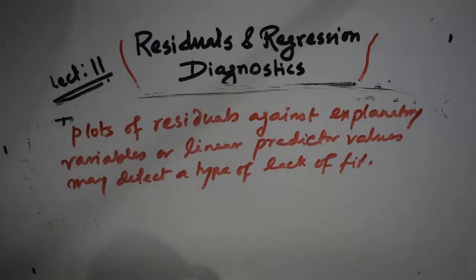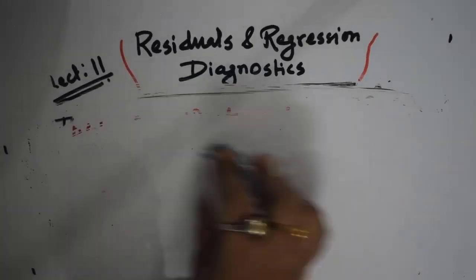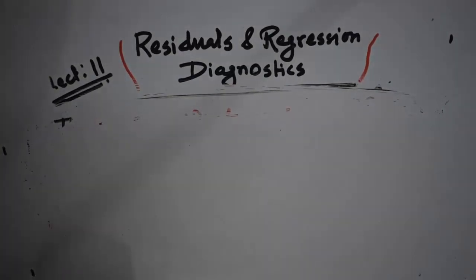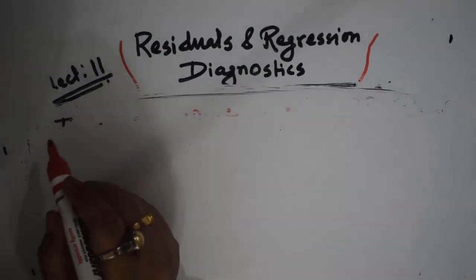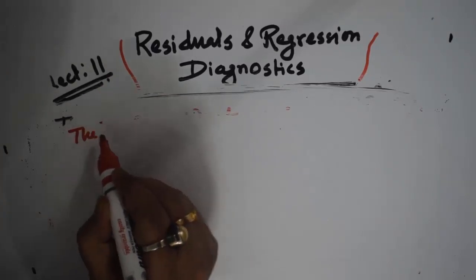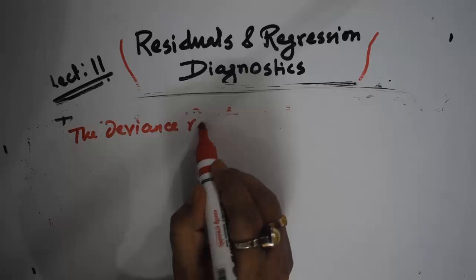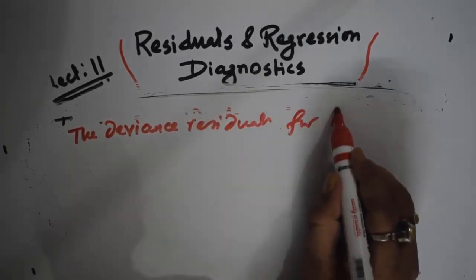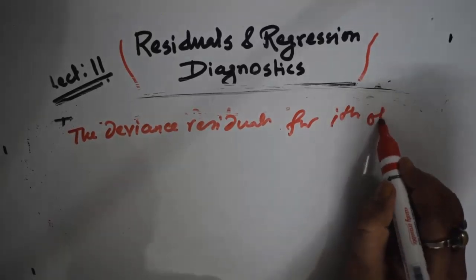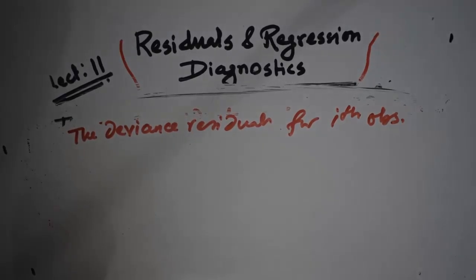Before ending this lecture 11, I recall deviance residuals, which I already discussed in lecture 10.